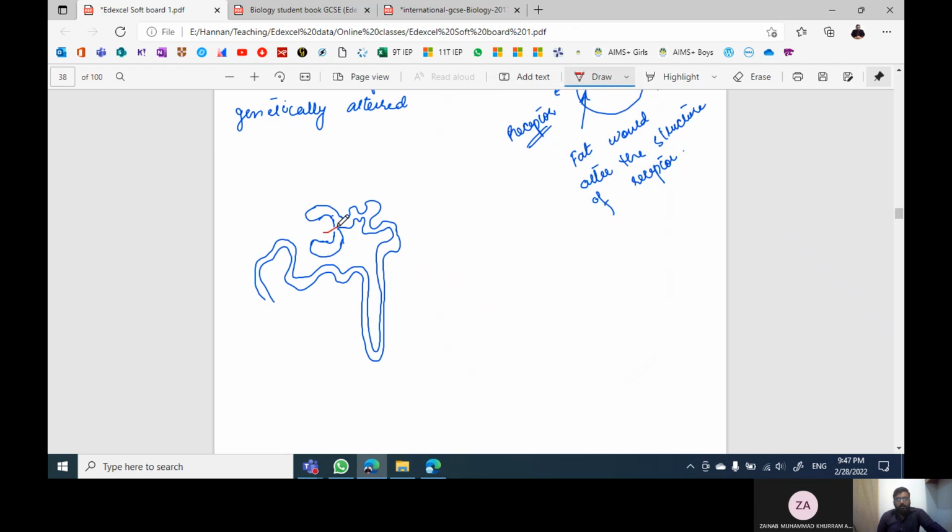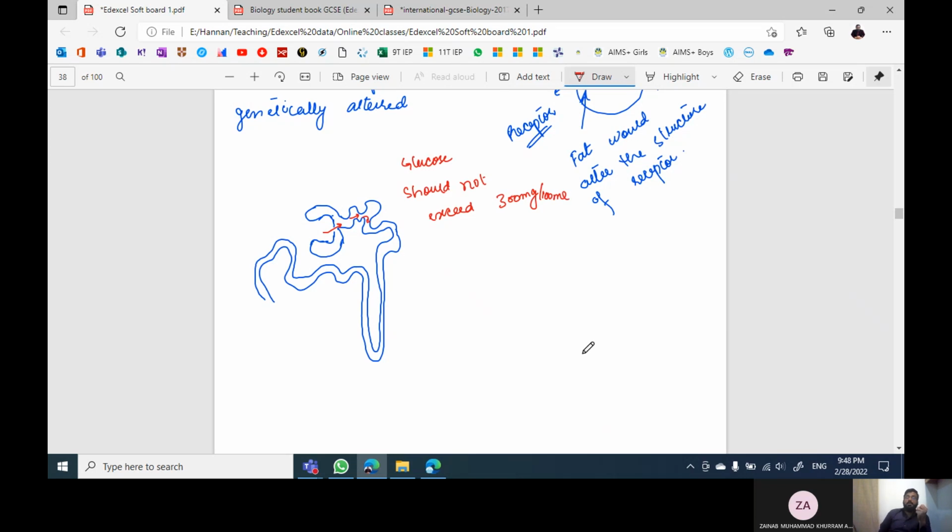The glucose is filtered through the nephron and it should not exceed. Now, be very specific, very attentive about what I'm going to tell you. The amount of glucose entering should not exceed 300 milligrams per 100 ml.